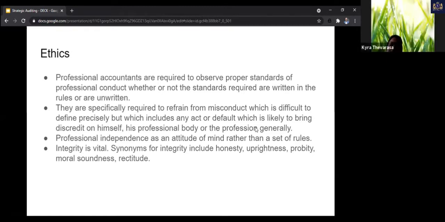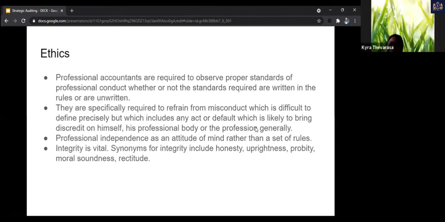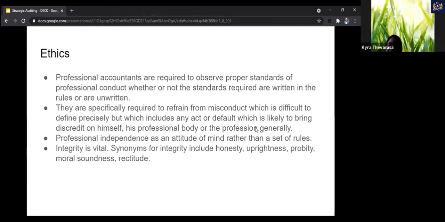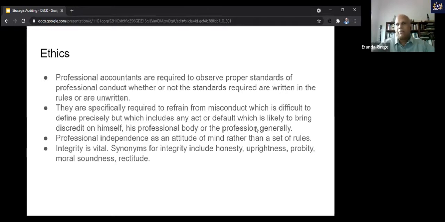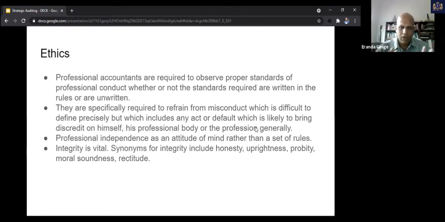And that is not only for accountants. It's for everybody, right? If everybody is ethical, then the need for an audit is lesser and lesser, right? The reason why we have to audit is because the assumption is that not everybody is ethical. Yep. And they're specifically required to refrain from misconduct, which is difficult to define precisely, as it says.